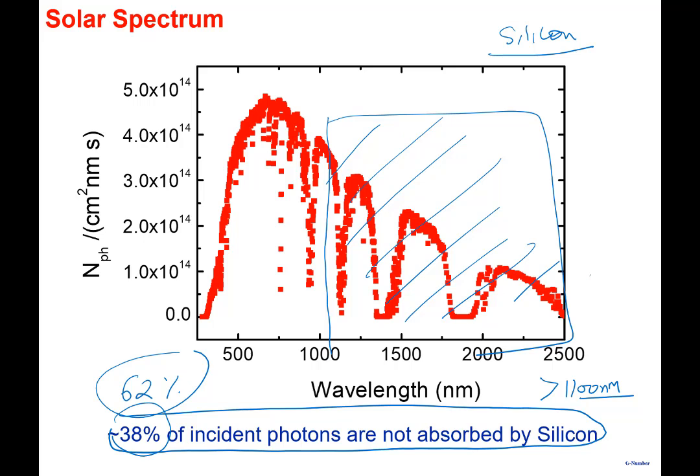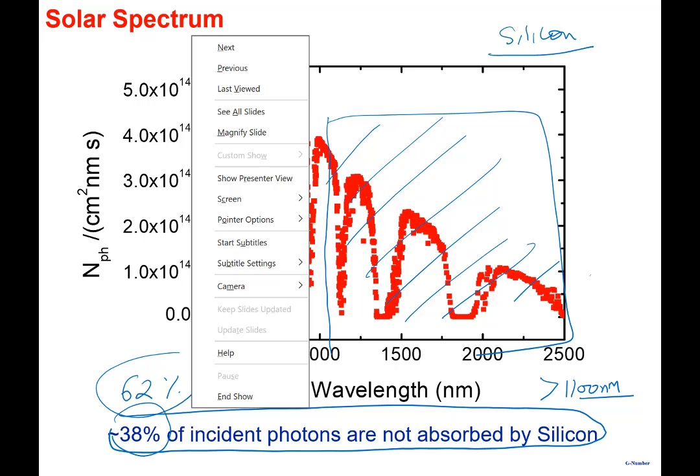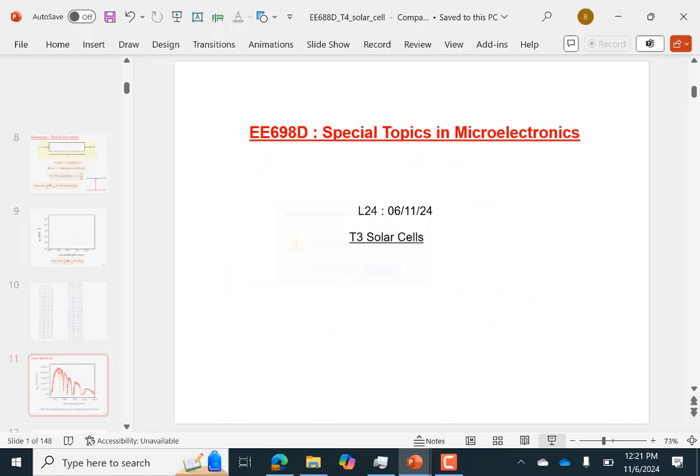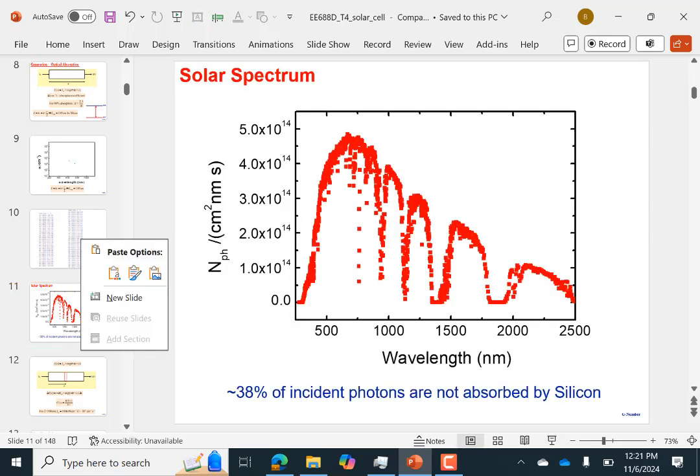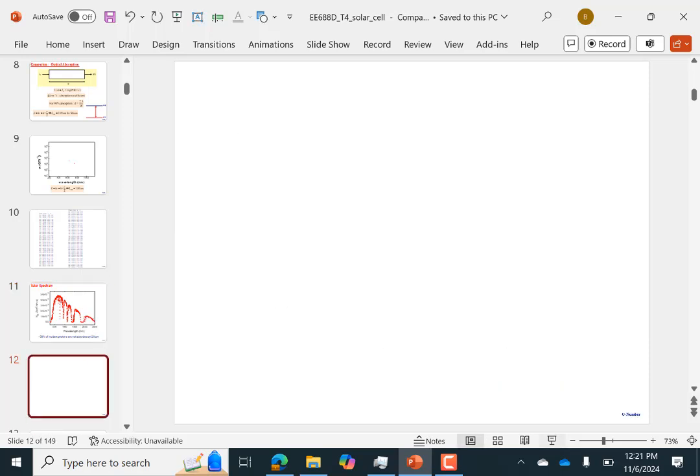So the first loss is that I can only get 62%. 62% of photons are absorbed.